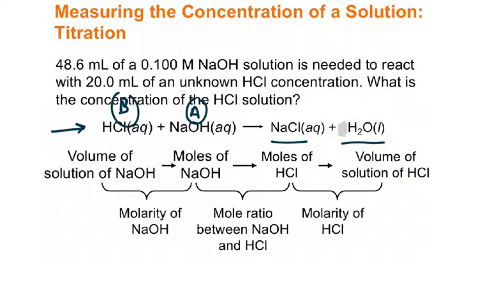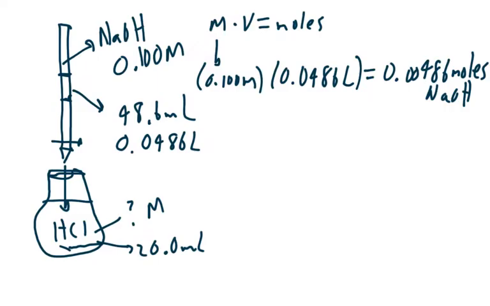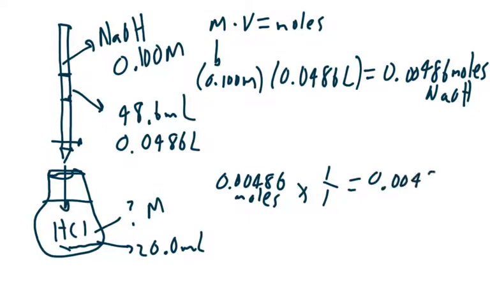Notice the mole ratio, B over A, is 1 to 1. So if we get the moles of the given, and we multiply that by the mole ratio, the number won't change. The mole ratio is a 1 to 1 ratio. So we still get moles of B. B in this case is HCl.